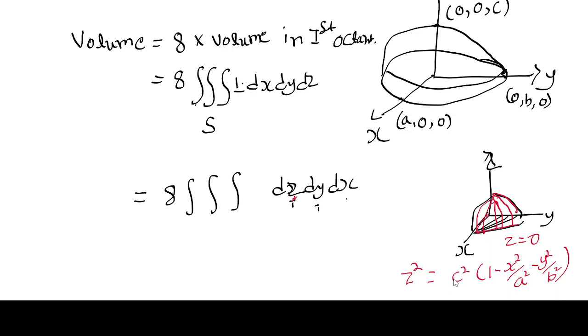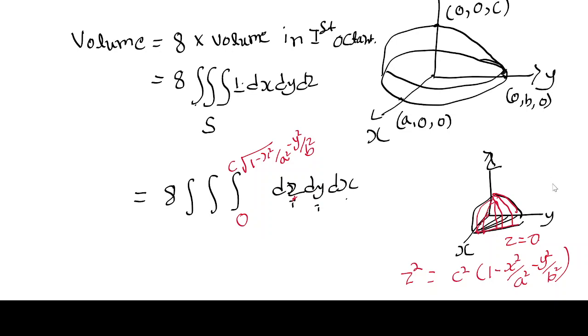We'll get plus or minus, but in the first octant, that is above the xy plane, z will be positive. So the lower limit is z equal to 0 and the upper limit is root of 1 minus x square by a square minus y square by b square into root of c square, that is c only.